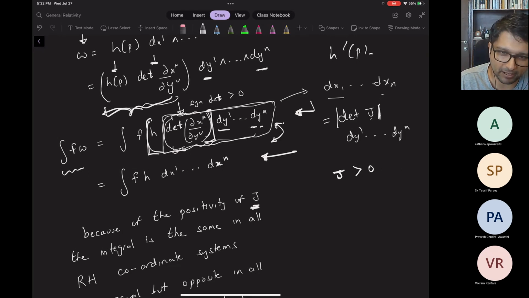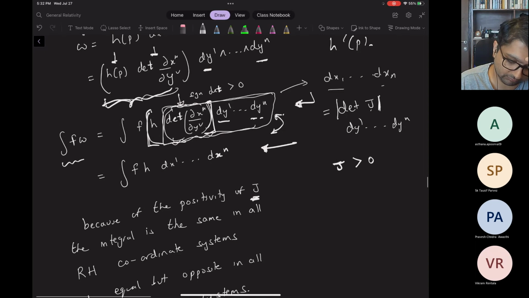But because we can choose our coordinate systems in such a way that we always have a positive J, this integration is basically defined with one choice of orientation.